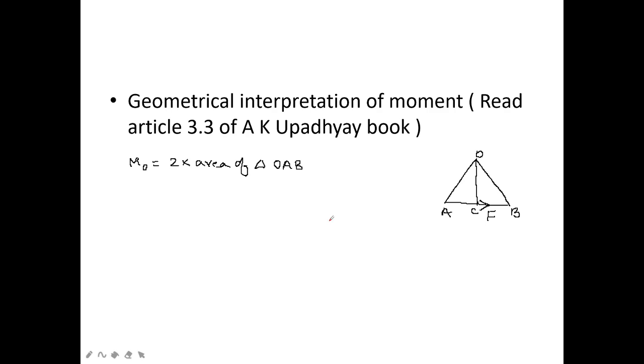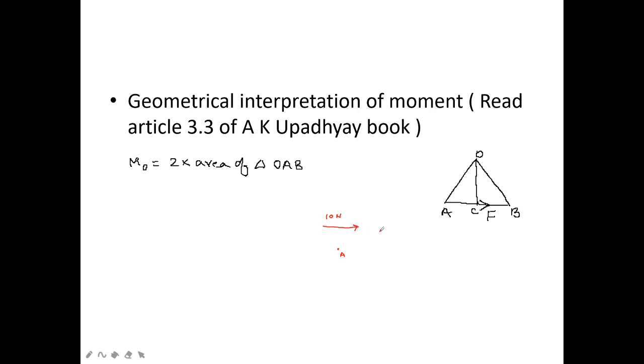Suppose I want to represent the moment of this force. Let us say I have a 10 Newton force, and I want to find out the moment of this force about this point A. So I will convert this force into a line scale.